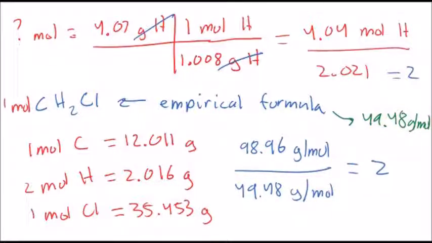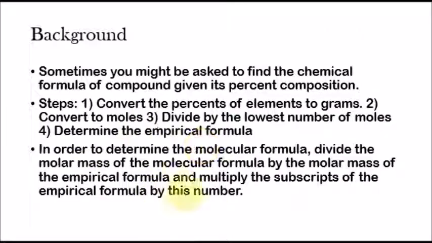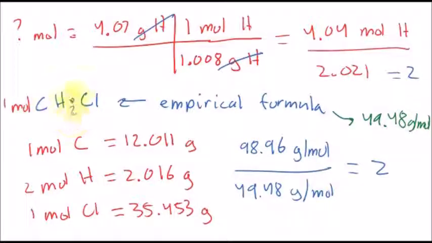Then we take this number 2 and multiply the subscripts of the empirical formula by it. So 1 times 2 is 2, so we're going to have C2. 2 times 2 is 4, so we're going to have H4. And then 1 times 2 is 2, that's Cl2. So our molecular formula is C2H4Cl2. This is the molecular formula.